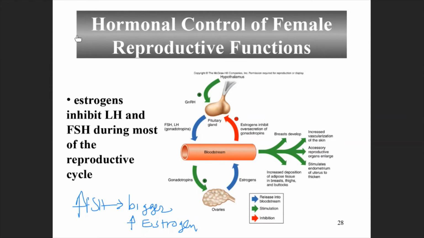Progesterone is important to prepare the endometrium so that should you have fertilization, you have somewhere that the fertilized oocyte could implant.